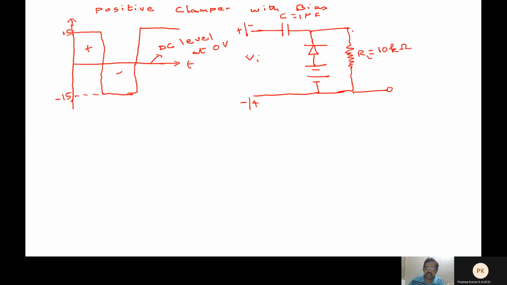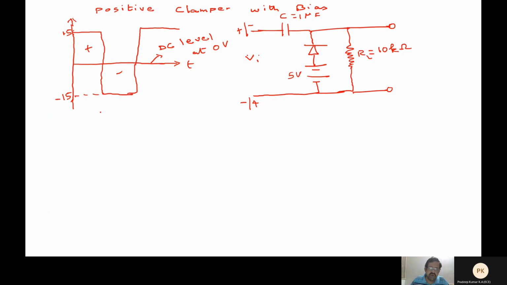So the output is taken across the load, and the given bias, which is the DC source here, is going to be 5 volt. I have given the 5 volt with the positive terminal connected to the P region of the PN junction diode. So with this knowledge, let us now start the analysis.